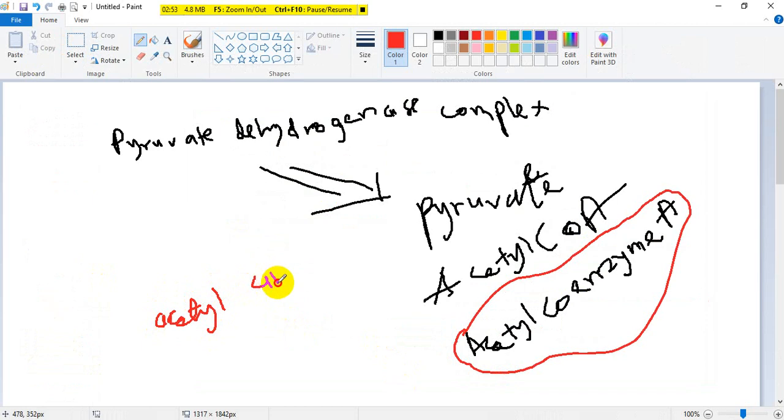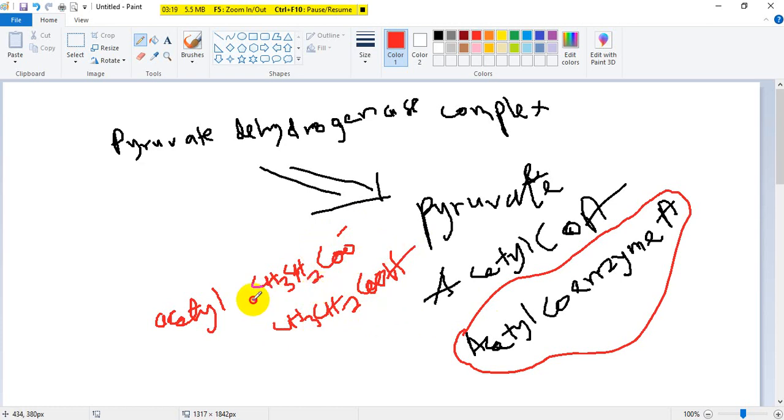That is CH3, CH2. This is acetyl. If it is like this, it is acetate. If it is like this, it is what? Acetic acid. So 2 carbons.